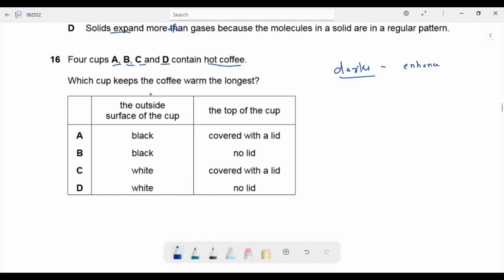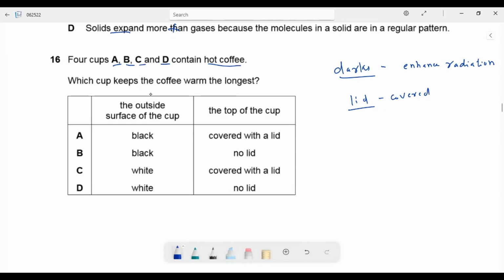So they promote radiation much better. So next is with lid. If you are covering it with a lid, the energy loss will be less.